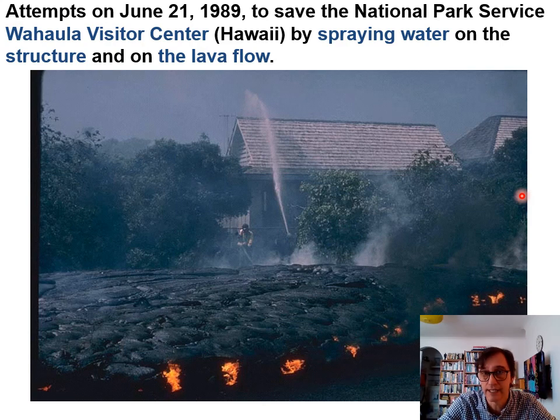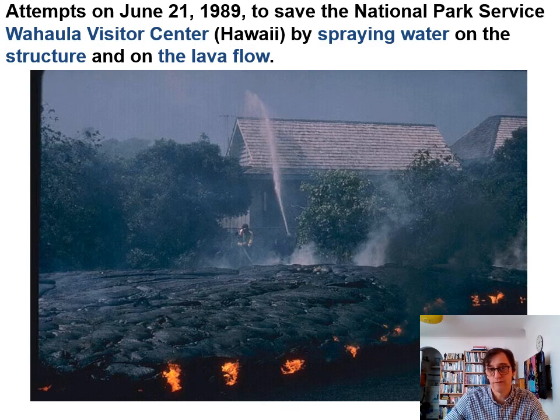Here, later in 1989 in Hawaii, this is the Waha'ula Visitor Center of the National Park Service. And here a lava flow was approaching it, and emergency service workers were trying to cool the lava flow with water. It didn't work.